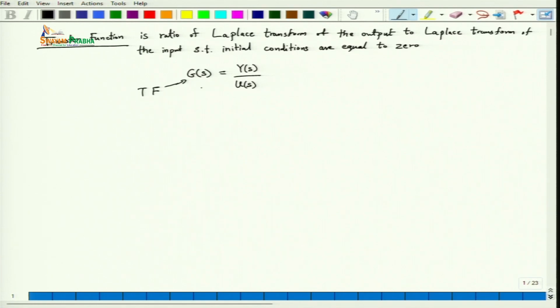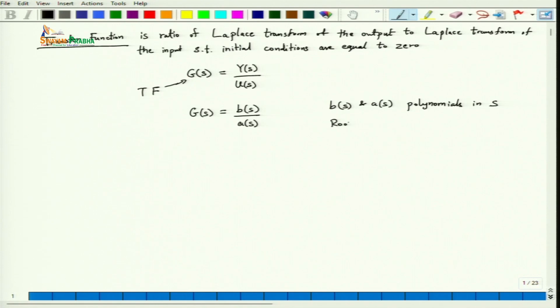Once we have this transfer function, it can be expressed as B(s) by A(s), as we discussed in the last lecture.